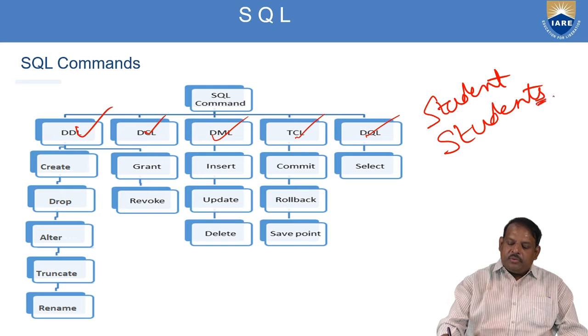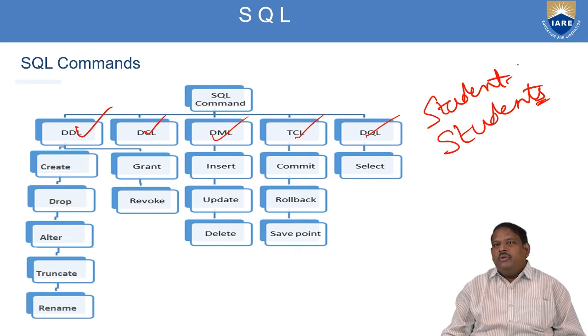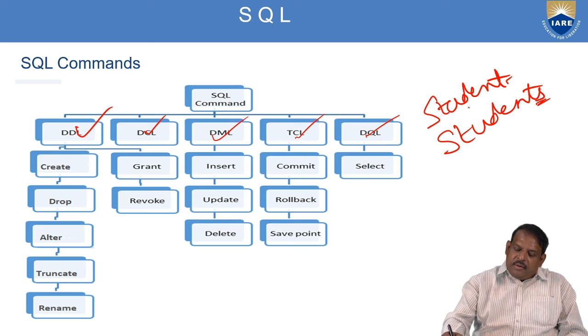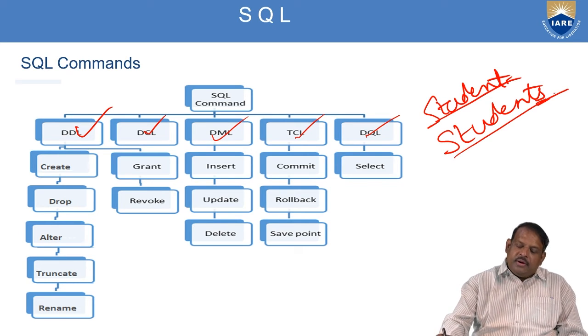I want to make it students from student. So in this case, I have to use the rename command. The rename command is used to modify the name of the object. The name of the object is student, and now I am making it students.